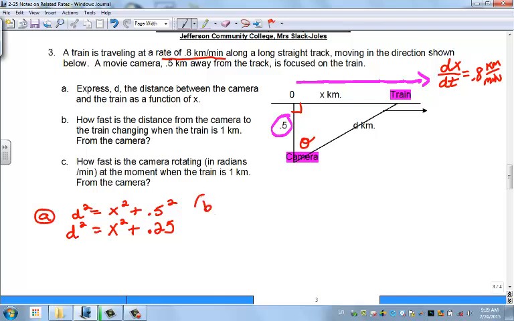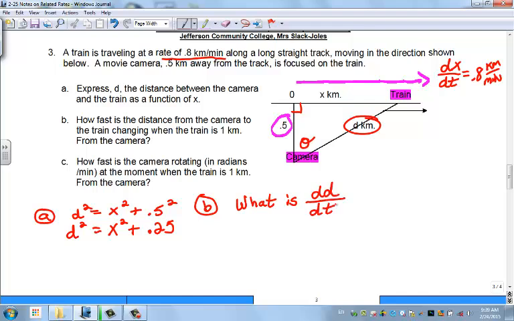Part B says, how fast is the distance from the camera to the train changing? So they're asking about this now. How fast? So they're asking, what is dD/dt?